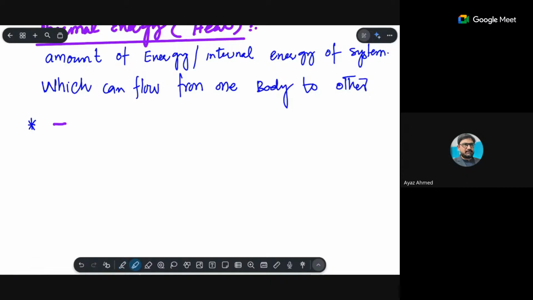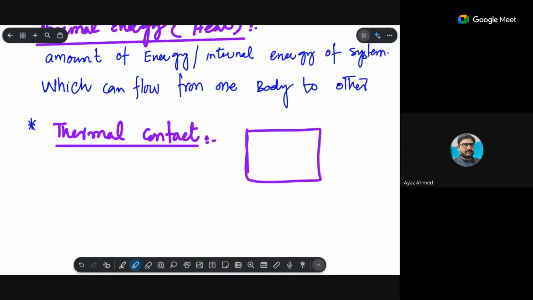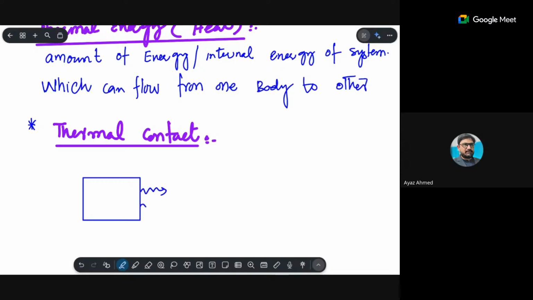We need a thermal contact. So when there is a thermal contact, it means that heat is being transferred from one body to another. For example, if you are using a heater, although you are not physically in contact with it, you are getting the thermal energy from that heater, and that thermal energy is transferred from the hot body to the cold.